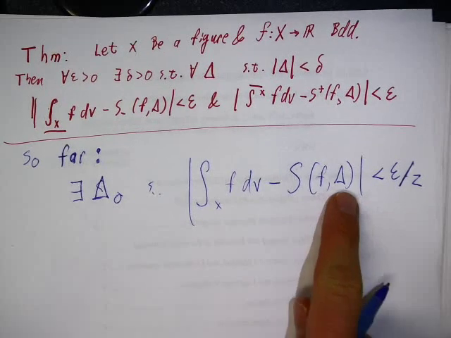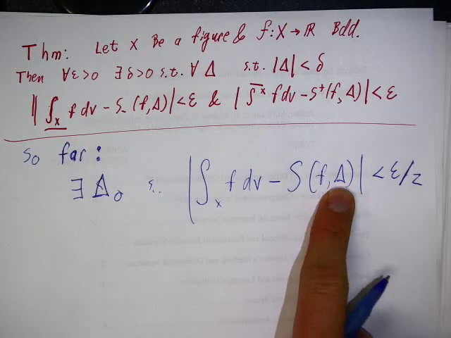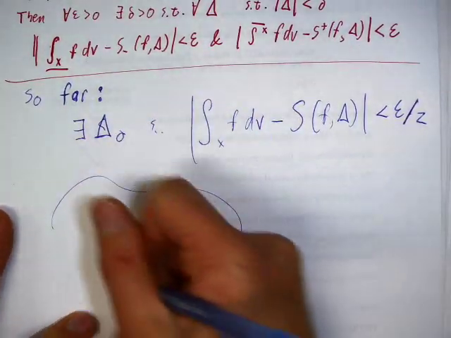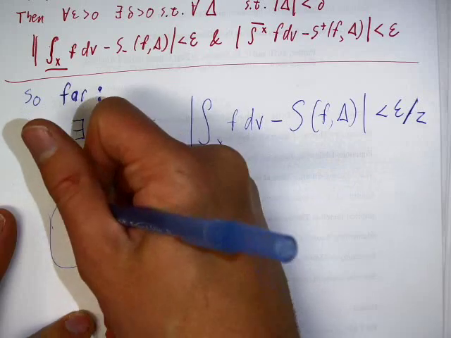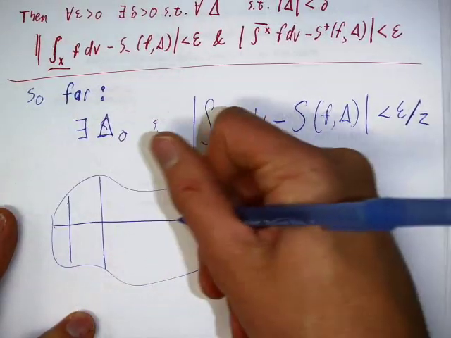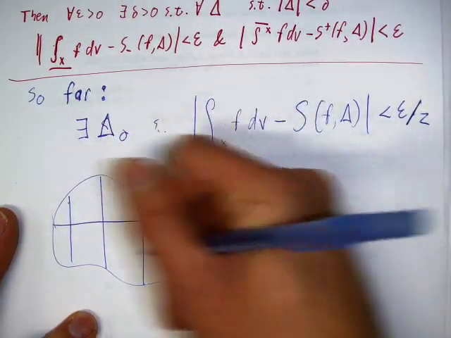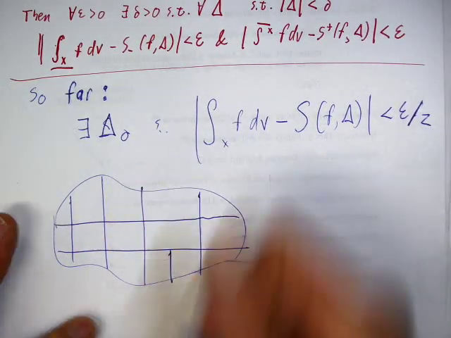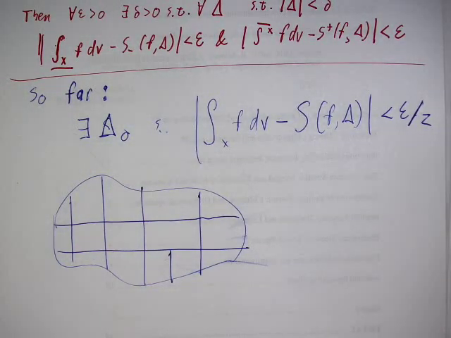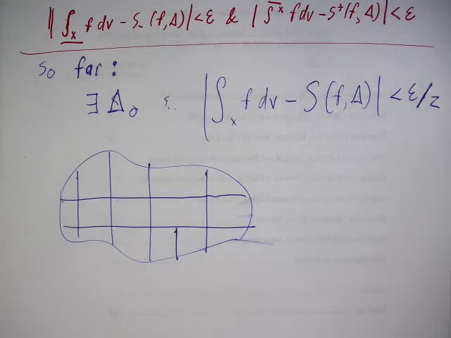We appealed to something about this subdivision. Let's draw a subdivision. Then for a fixed arbitrarily small epsilon we chose, we can find a subset of each element of that subdivision, a smaller subset, I think we call it I prime.